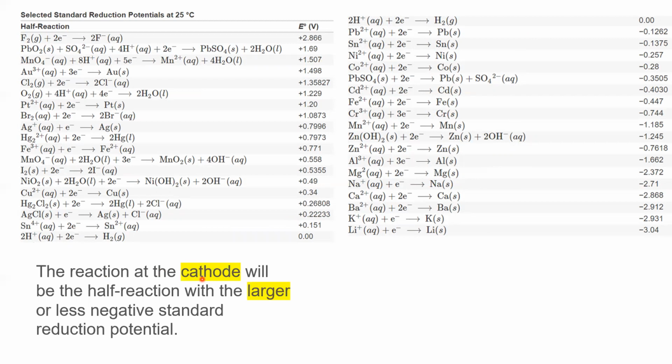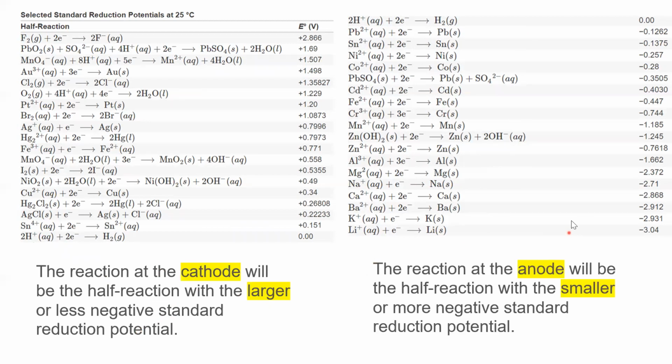And it'll be the reaction with the larger or less negative standard reduction potential. In the anode compartment, that's where our oxidation half reaction takes place. And that will be the half reaction with the smaller or the more negative standard reduction potential value off the table.